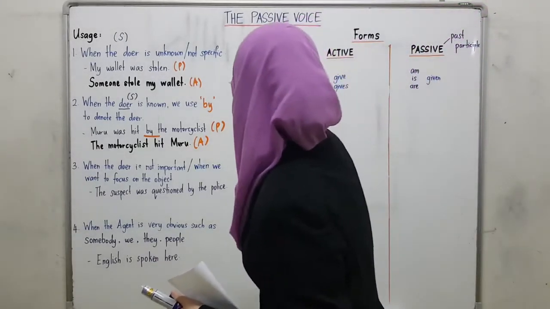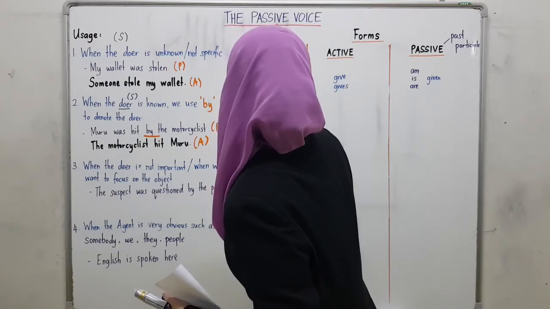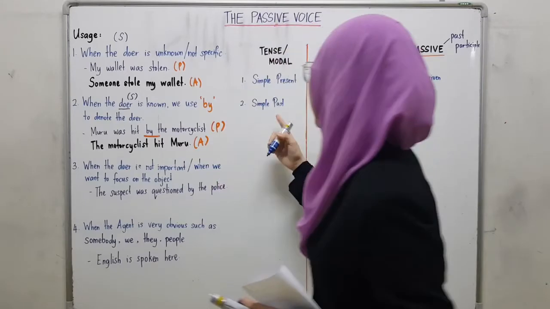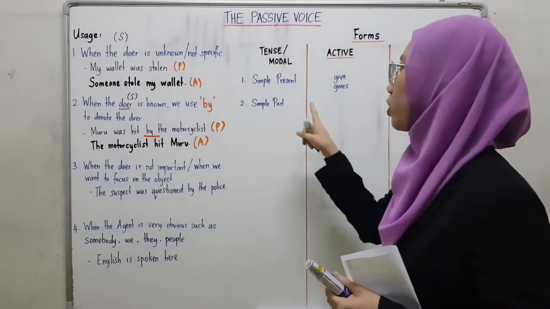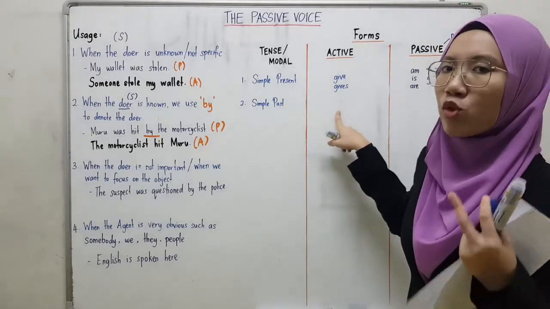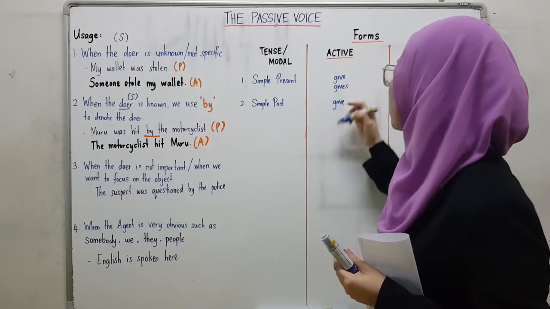Okay, next, simple past. When you want to use simple past, the verb we use is verb 2. So give becomes gave.